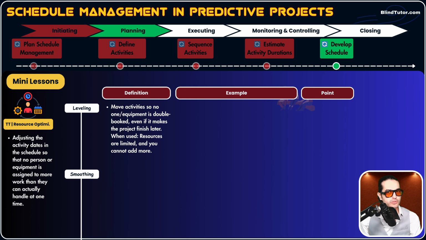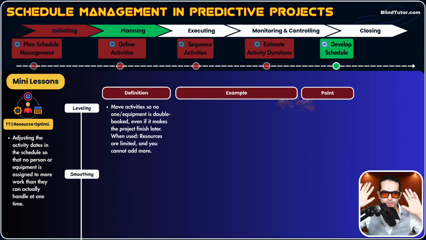What do I mean by total float? I mean these activities do not have slack, room, or flexibility to be shifted. We must start these activities at the assigned date. There's no room to shift these activities and start them later. Total float is 0 for these activities.